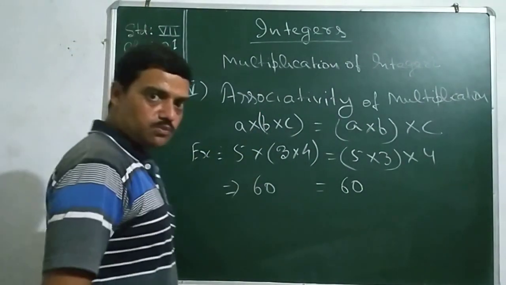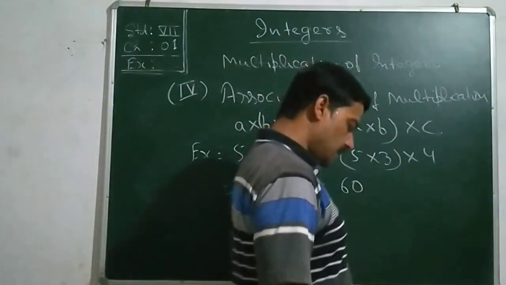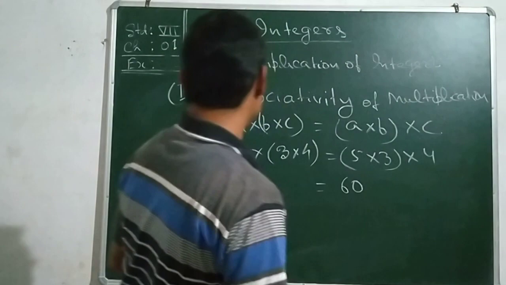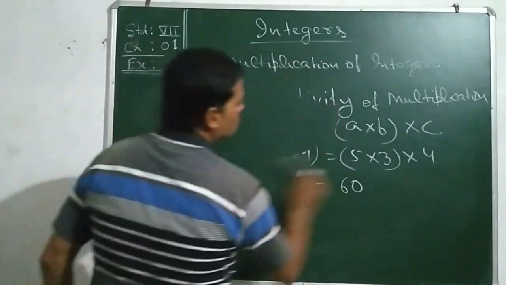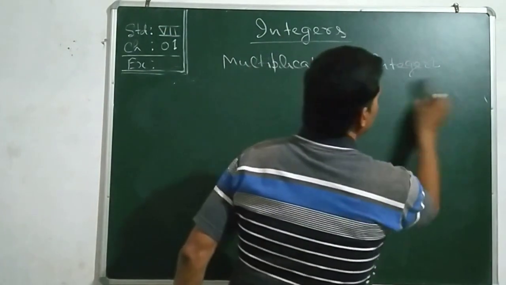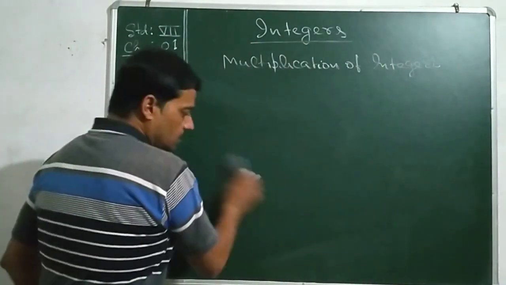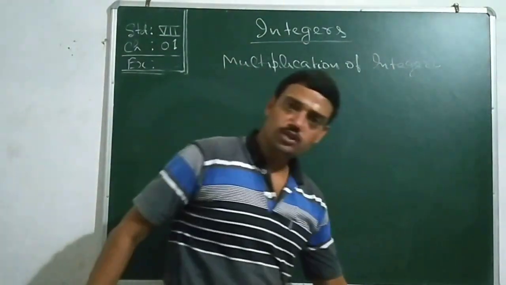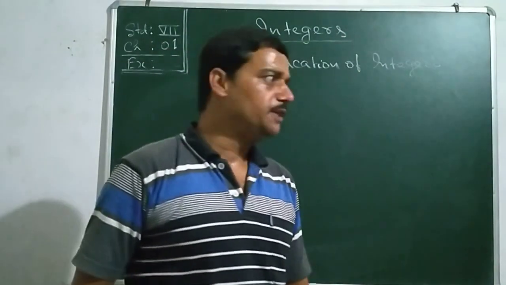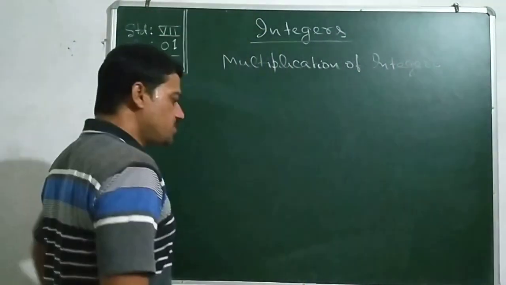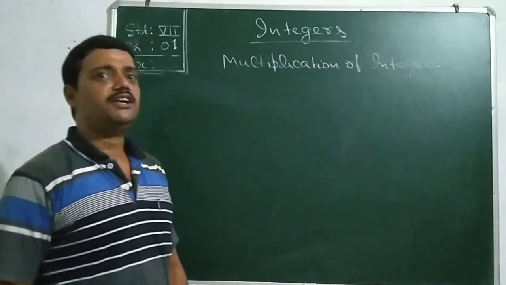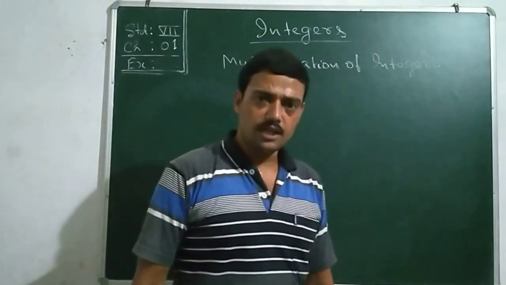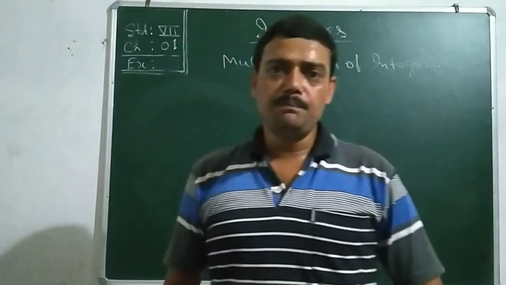That means associativity applies for multiplication, and the last rule is the distributive property. The fifth one. Go through the distributive property thoroughly. We need to use it several times. At so many places you will find it convenient rather than doing simple multiplication.